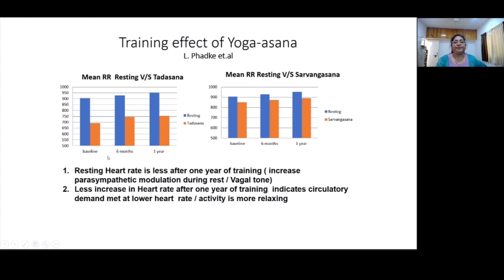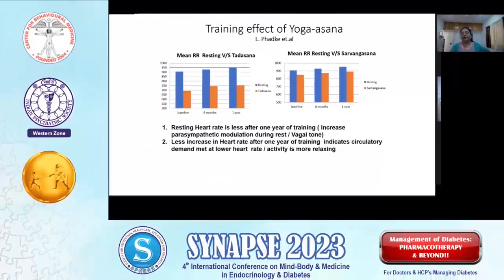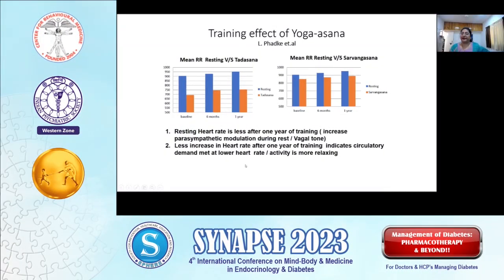What we observed is that mean RR, when we compared resting with Tadasana, shows the resting heart rate is less after 1 year of training. So definitely it marks an increase in vagal tone or parasympathetic modulation. Secondly, less increase in heart rate after 1 year of training indicates that circulatory demands are met at lower heart rates.